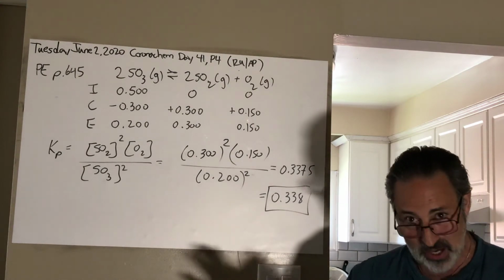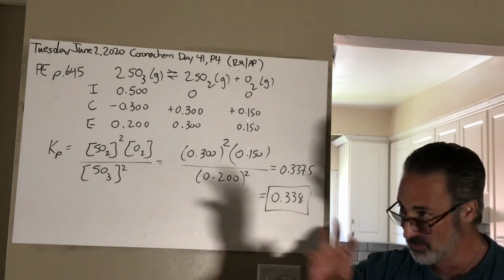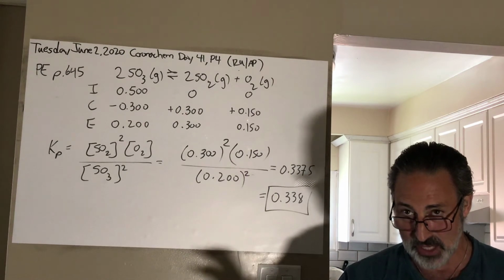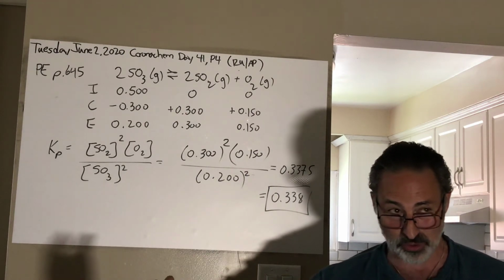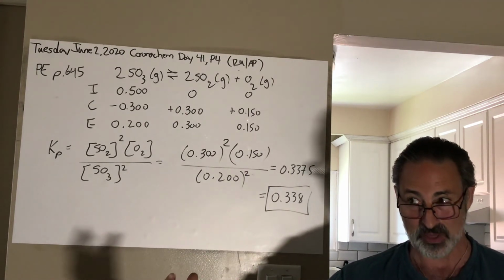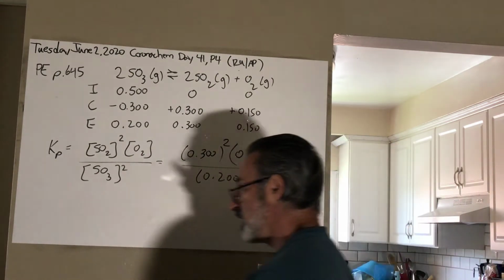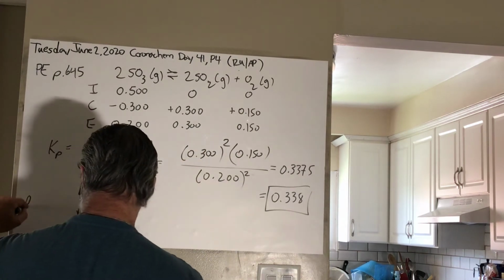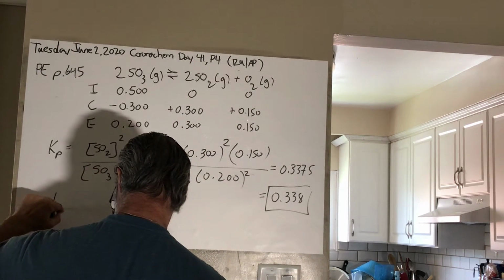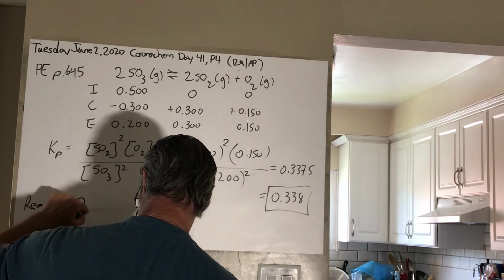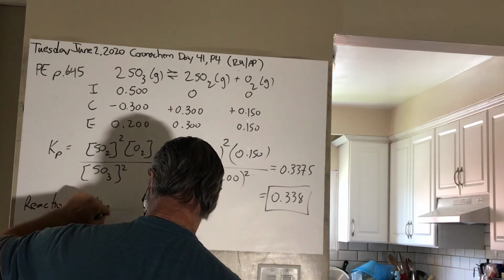So the reaction is not at equilibrium yet, but by plugging in the numbers, you can do a calculation, then compare it to the actual numbers that you should have at equilibrium, and from that you can predict which way the reaction is going to go. That's called the reaction quotient, and they use Q as the symbol for it.